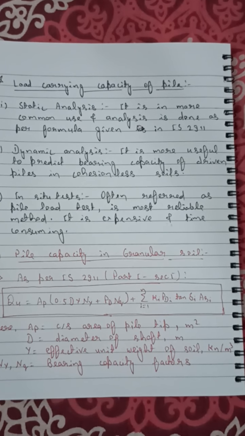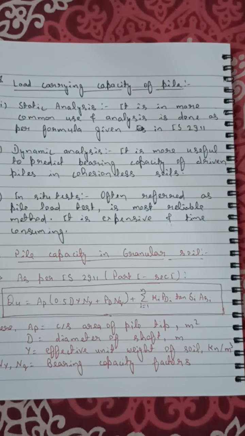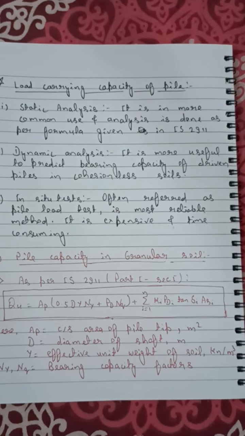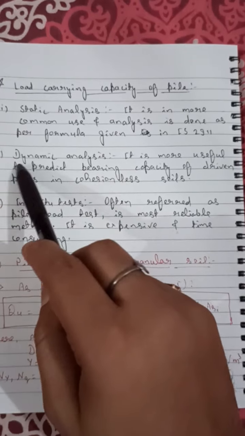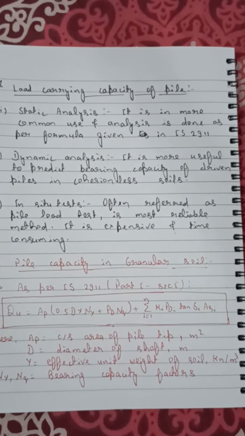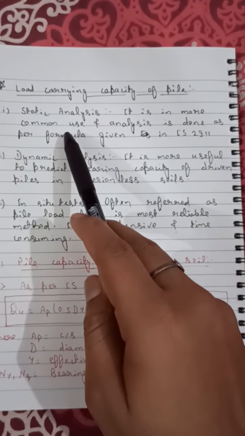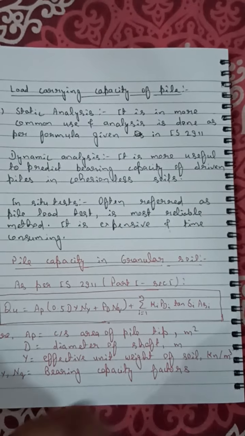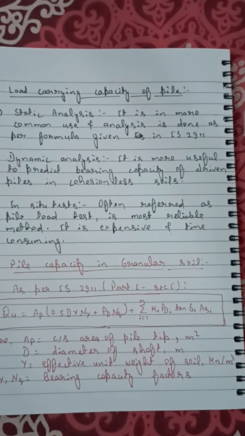First of all, let us discuss what are the different methods to calculate the load carrying capacity of pile. So basically there are three methods as you can see here. First one is static analysis, second one is dynamic analysis, and third one is in situ tests. Static analysis is more common in use and the analysis is done based on the formulas given in IS 2911.